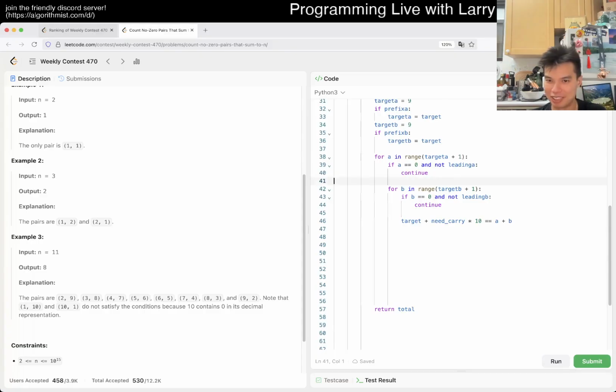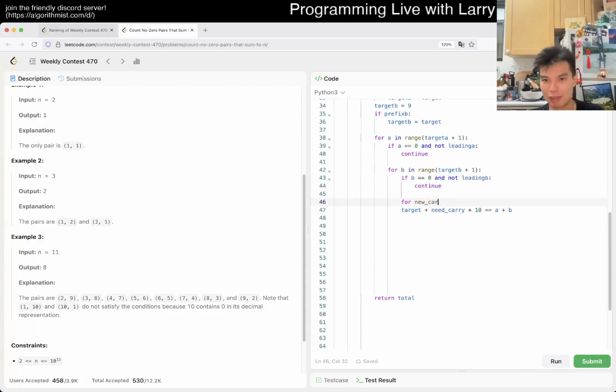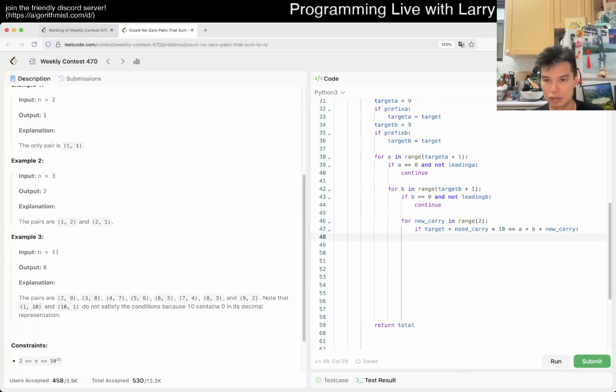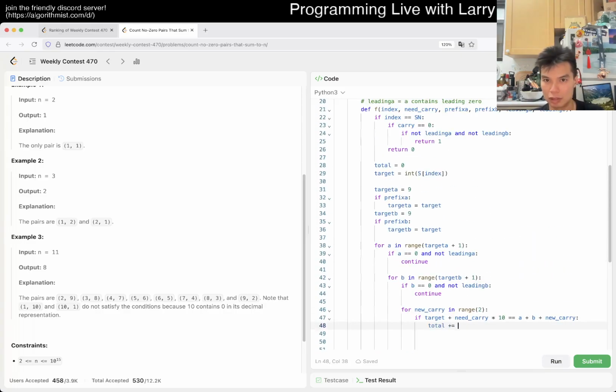It's too lazy to do the math, really. But okay, so then now, maybe I just do. I can actually probably do math on this. This is terrible. 0, 1, right? If this is true, then total f of index plus 1, new carry.